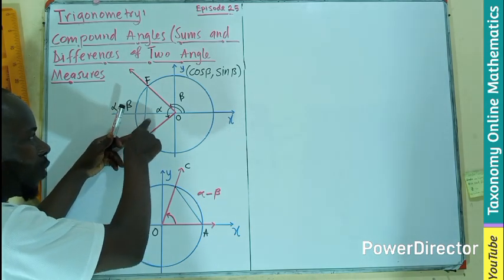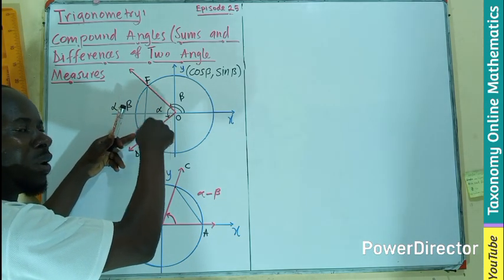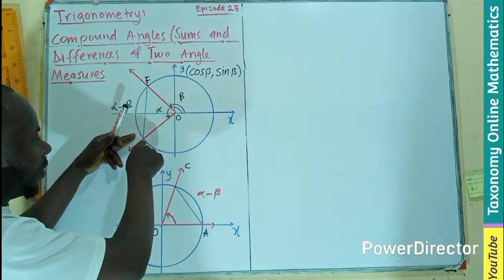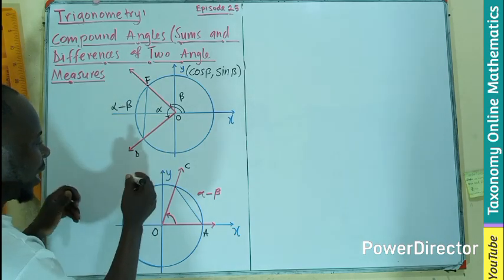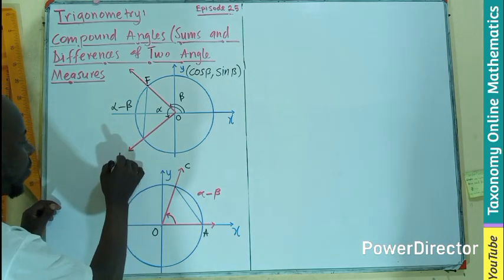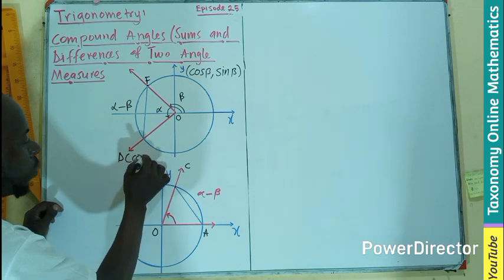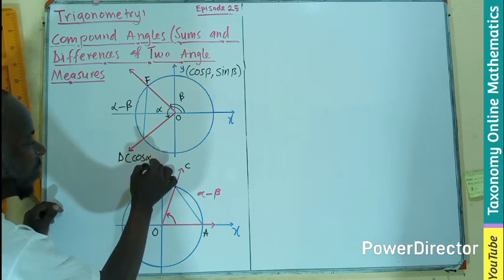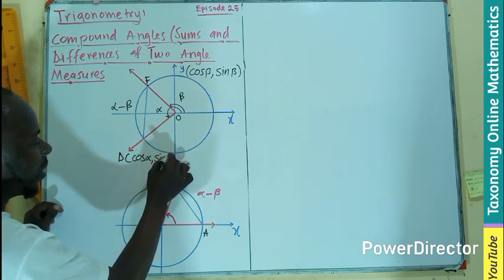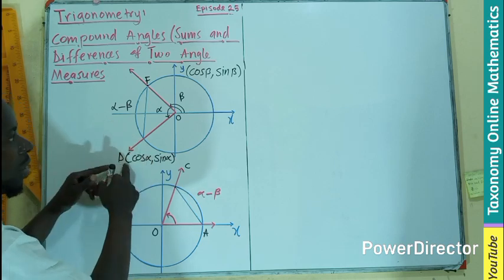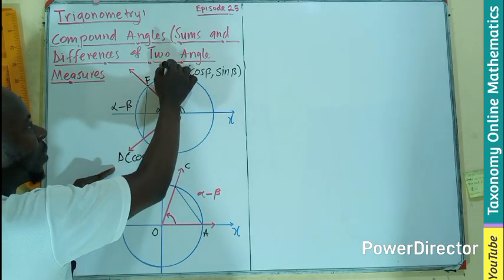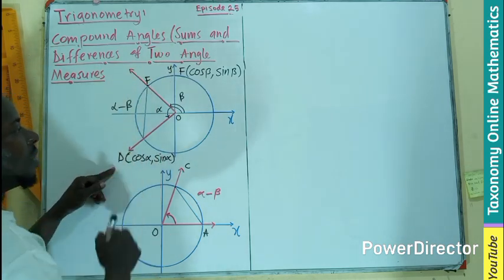Then the point here also has an x coordinate, which is also going to be the cos of this particular angle we are having here, so I can have D as the cos of the angle alpha, the sine of the angle alpha. That is the point.